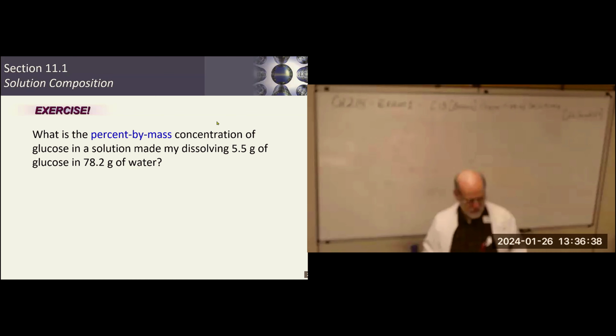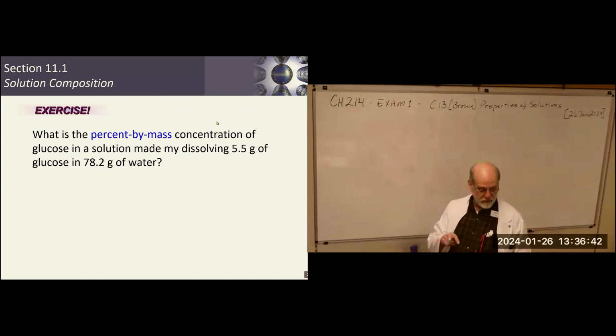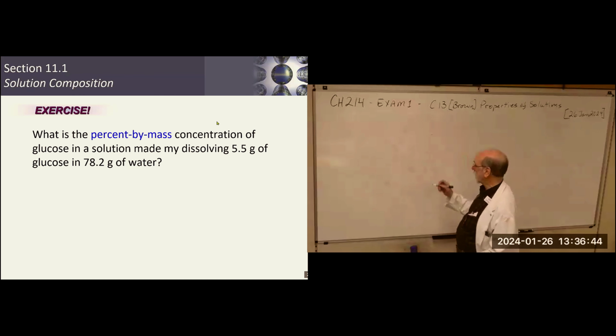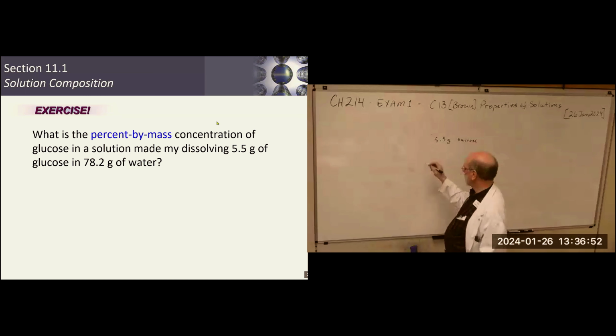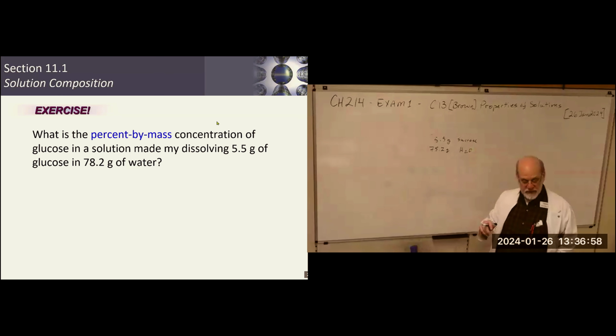What's the mass percent glucose in a solution made by dissolving 5.5 grams of glucose in 78.2 grams of water? Well, mass percent is based upon the total mass.